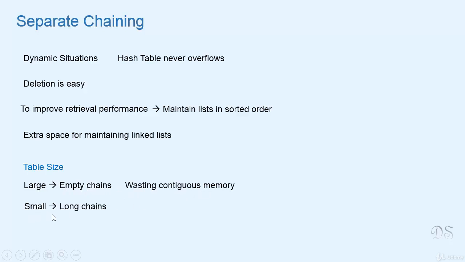If table size is taken too small, then the chains will be too long and the searching will take more time. Generally, table size is chosen such that n by m is equal to 10, where n is the number of records and m is the size of the table.